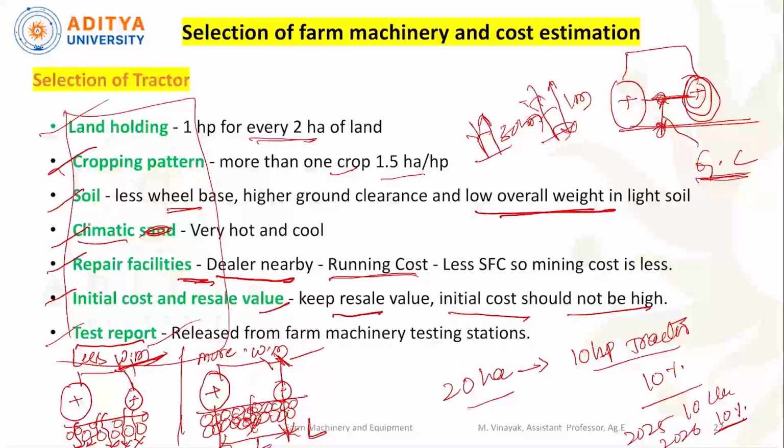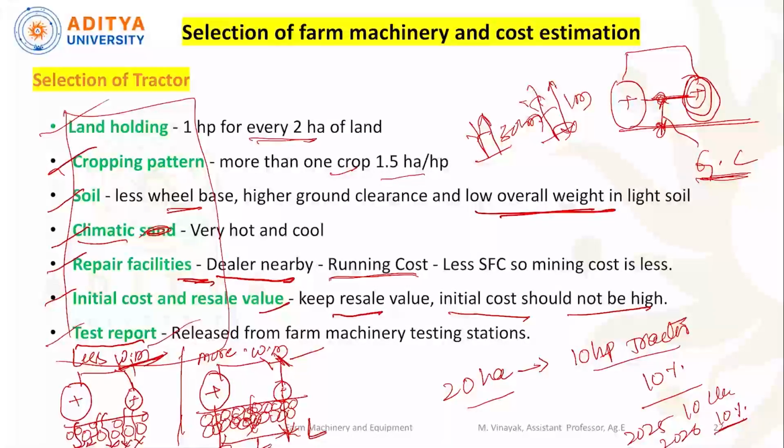Coming to repair and maintenance, if any problem occurs suddenly, the dealer should be available within 10 kilometers of surroundings, so that the problem can be easily handled by the dealers and rectified as early as possible.